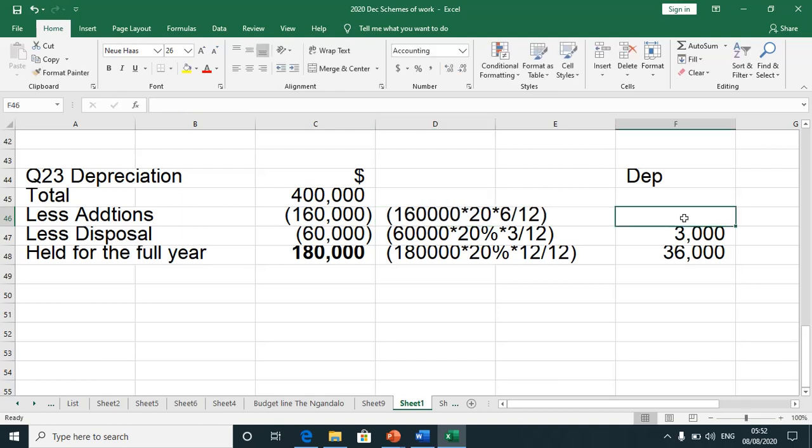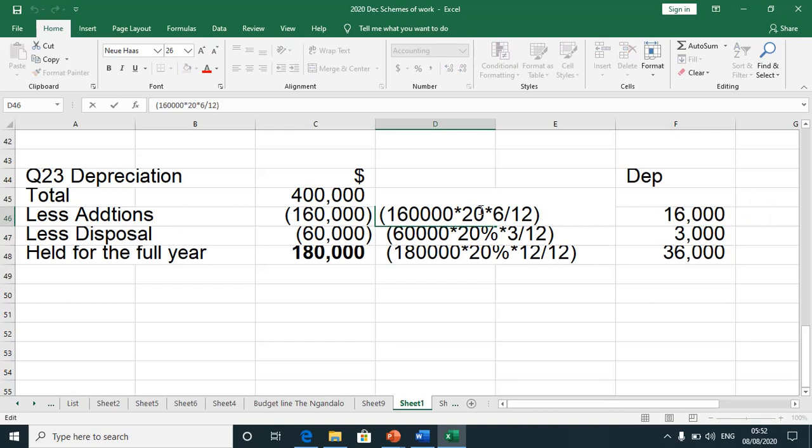So when you come here, you say the same: 160,000 multiplied by 20%, and multiply further by 0.5. And by the way, this is supposed to be a percentage.